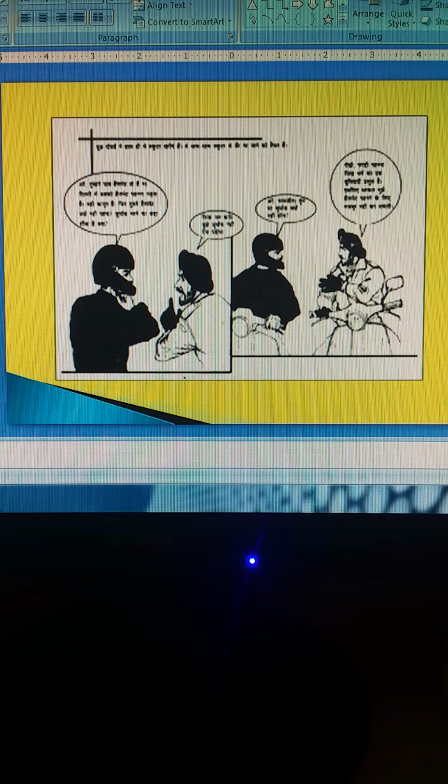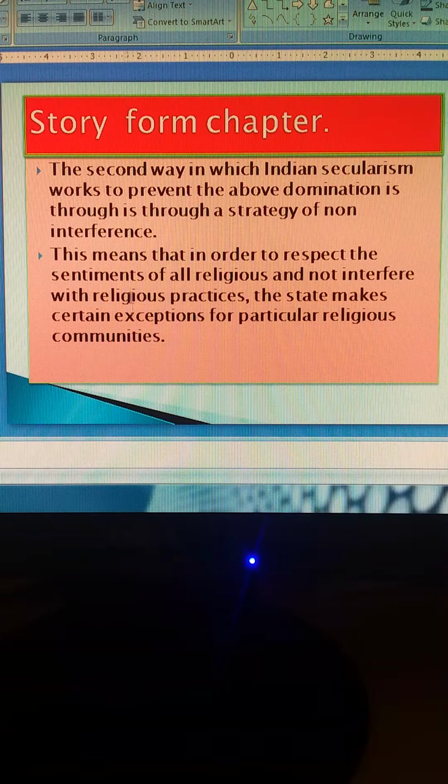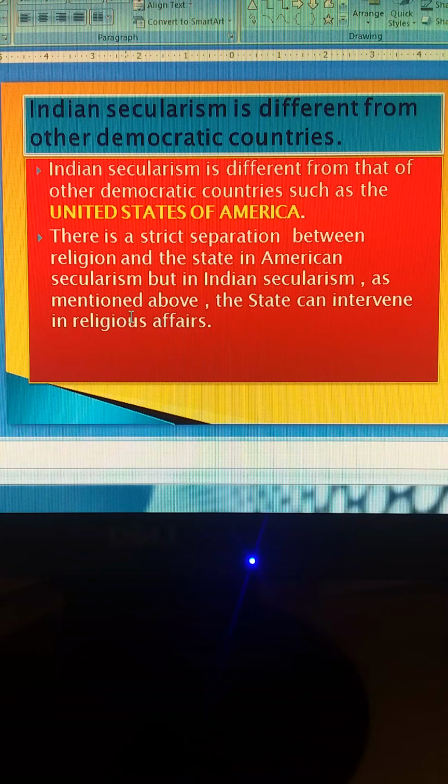So from this chapter we have come to this non-interference story. This means that in order to respect the sentiments of all religions and not to interfere with religious practices, the state makes certain exceptions for particular religious communities. That is what has been written over here.